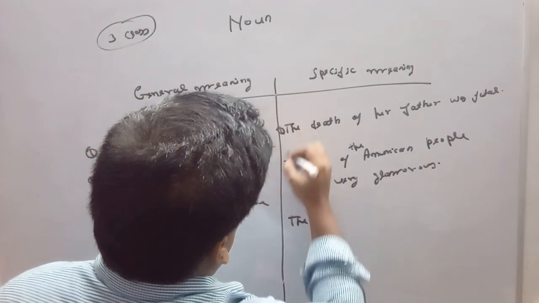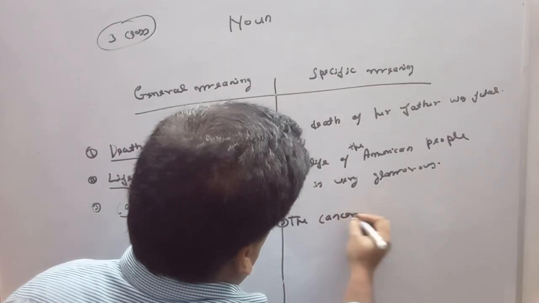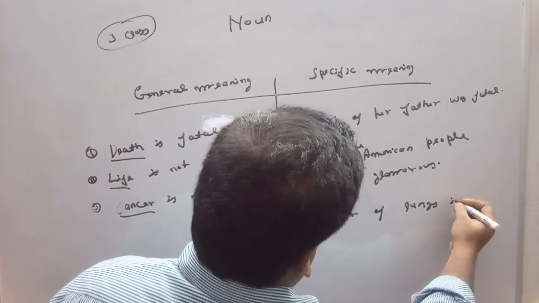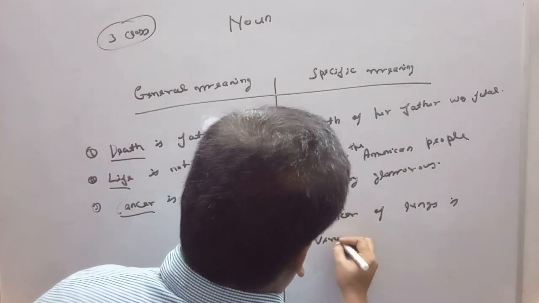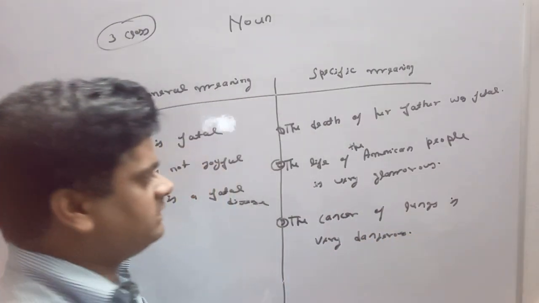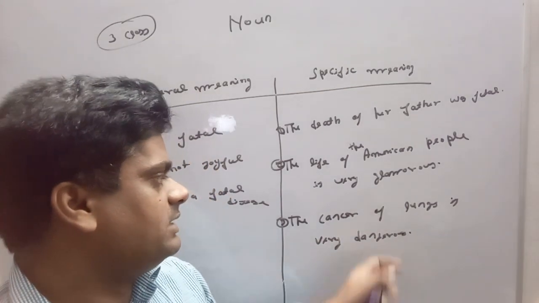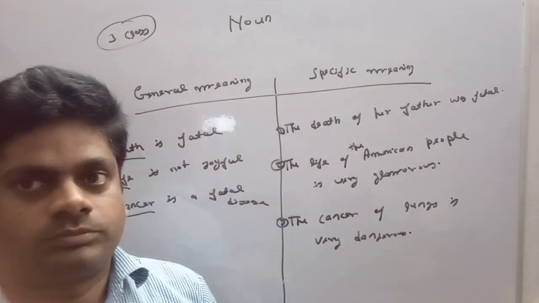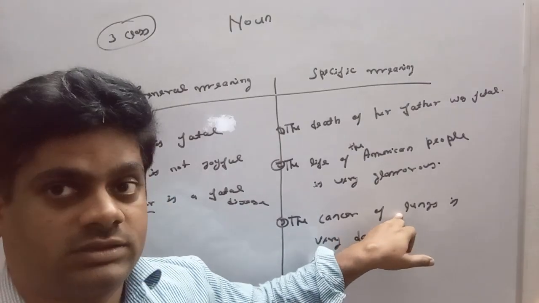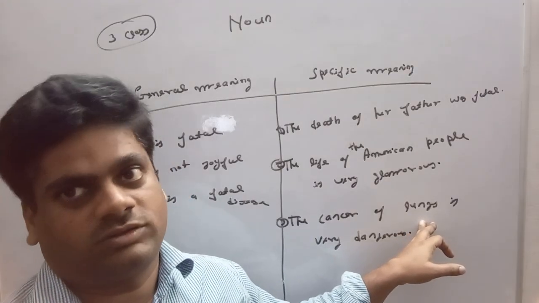Next sentence. The cancer of lungs is very dangerous. Here we cannot put article before lungs, because it may be lungs of humans, it may be lungs of animals, it may be lungs of anybody.